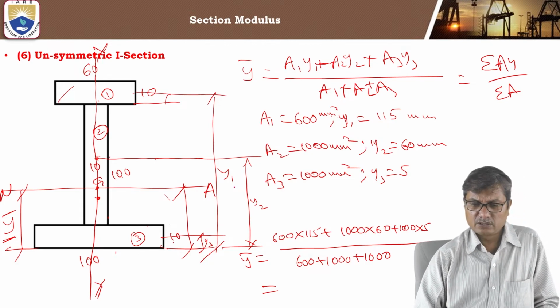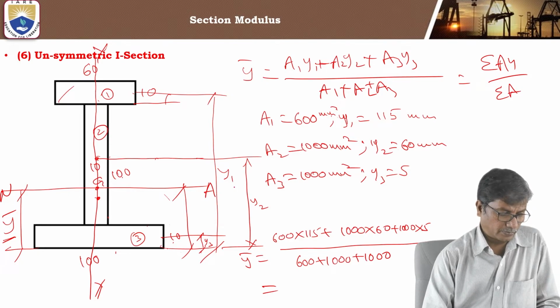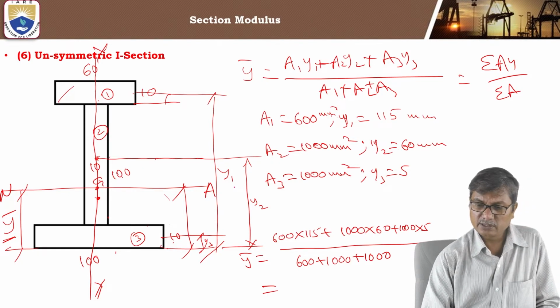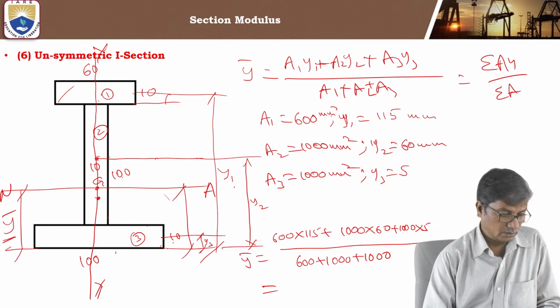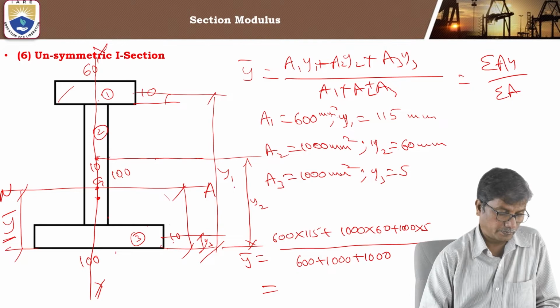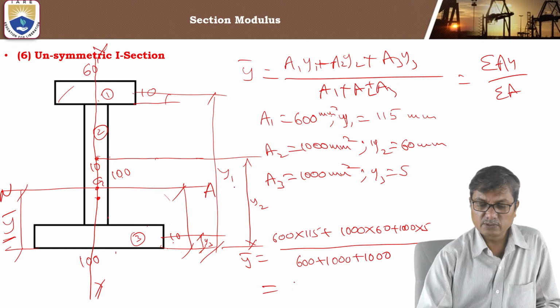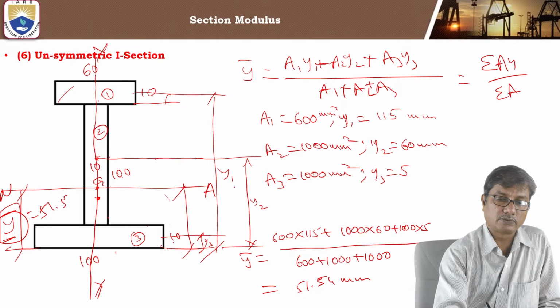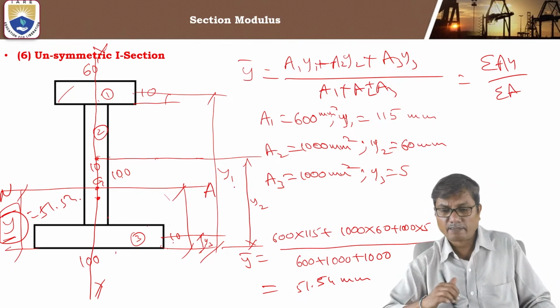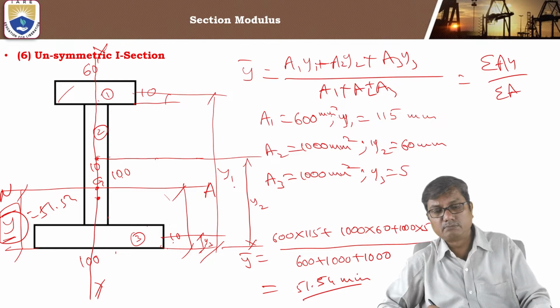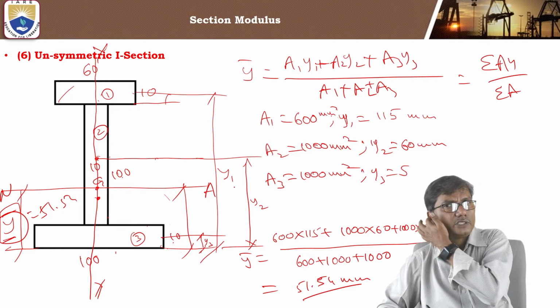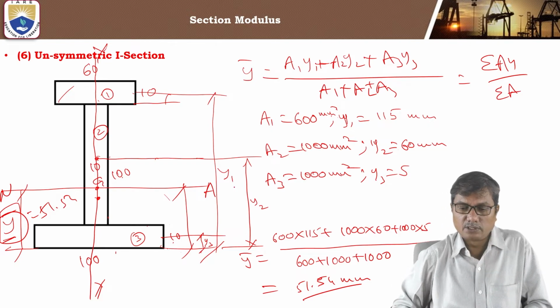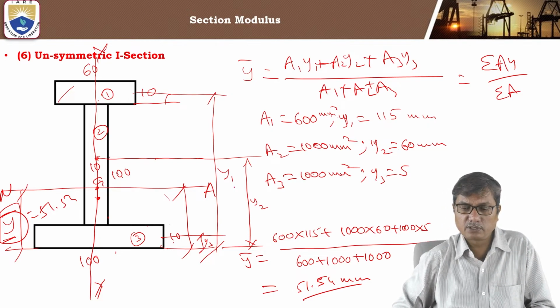So it comes out to be 600 into 115 plus 60,000 plus 5,000, divided by 2,600. So it comes out to be 51.54 mm. Y bar is 51.54 mm from the bottom edge of the section. The location of the centroid is 51.54 mm.